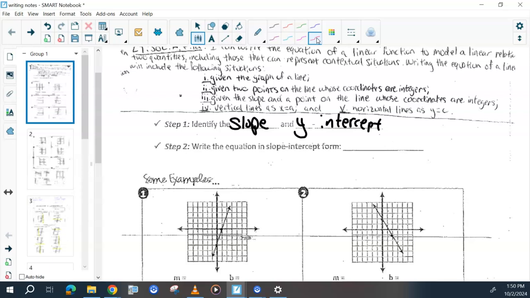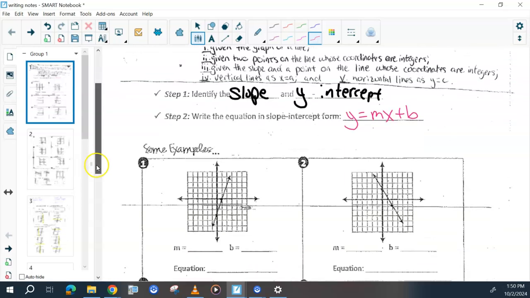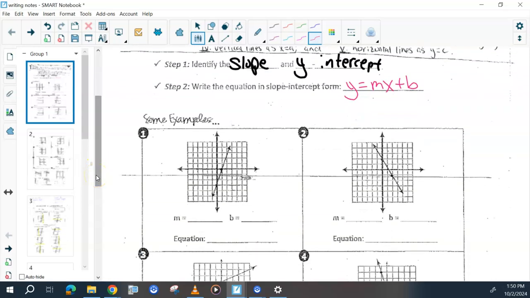Y equals mx plus b. So in these examples, the first two, you're given an M line and a B line and then the equation, and then the rest don't have that. But you can keep writing that if you so choose.